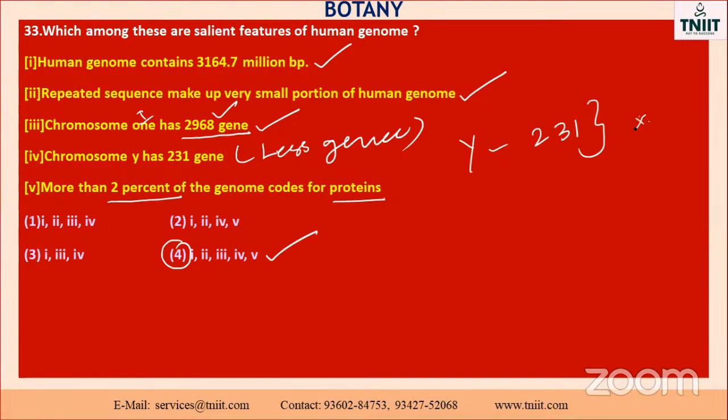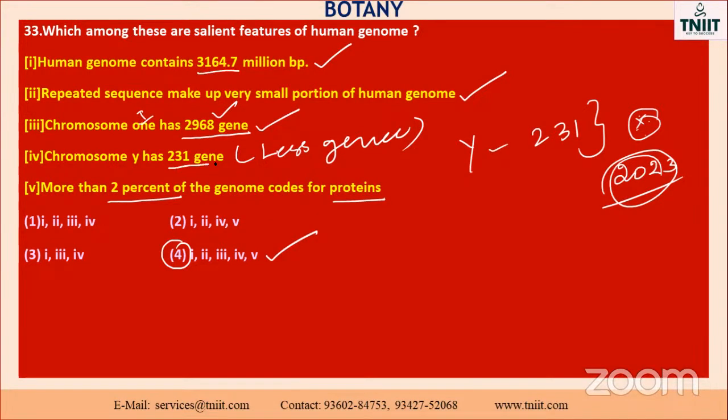Don't forget, my dear students, this question. In 2023, we expect these questions. Definitely it will come. No need to worry. Just study these questions. Chromosome 1 has 2968 genes, the total number being this much.